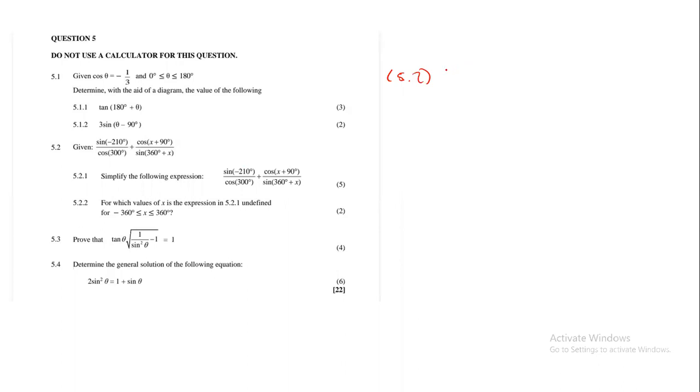So we have sine -210 degrees divide by cos 300 degrees plus cos of x plus 90 degrees divide by sine of 360 degrees plus x. Okay, I copied everything correctly. So now it says to us simplify this for 5 marks.